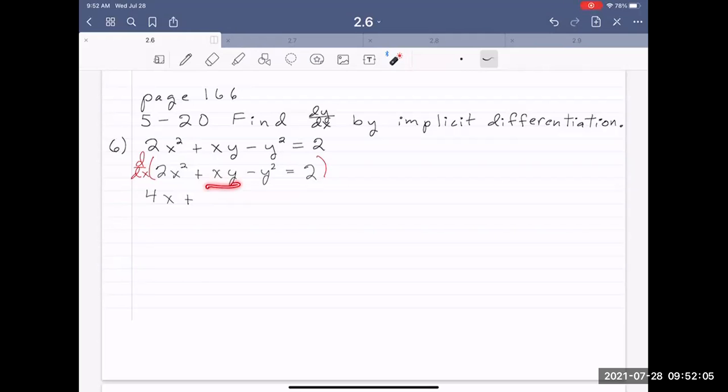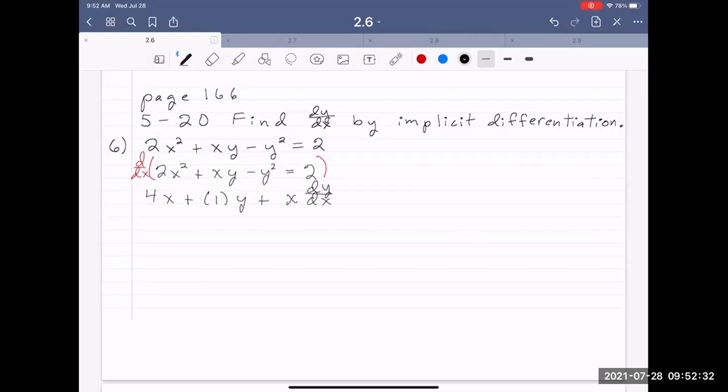So to take the derivative of xy, well, both x and y are functions of x. Therefore, in order to take its derivative, I have to use the product rule. And so it's equal to the derivative of the first times the second plus the first times the derivative of the second. Well, I don't know what the derivative of the second is.